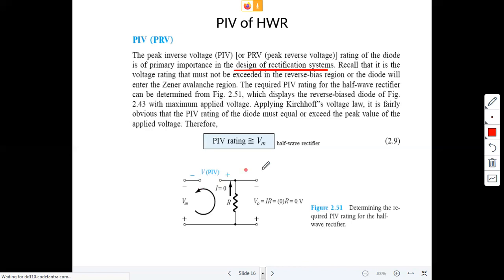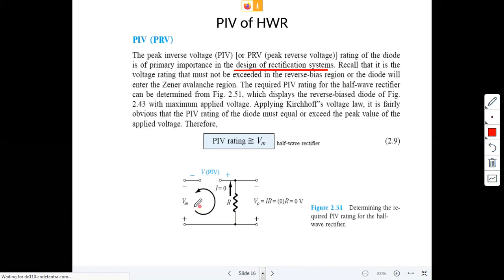Recall that it is the voltage rating that must not be exceeded in the reverse bias region, or the diode will enter the Zener or avalanche region. The required PIV rating of the half-wave rectifier is determined using the figure. To determine it, take this simple half-wave circuit and replace the diode with an open circuit.